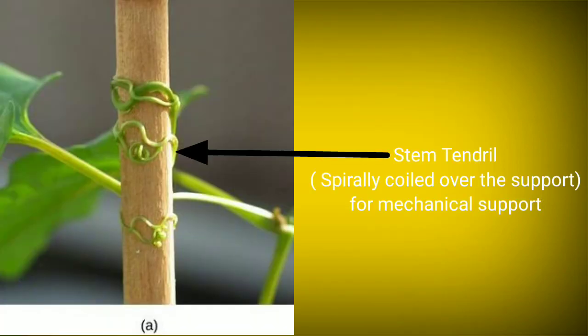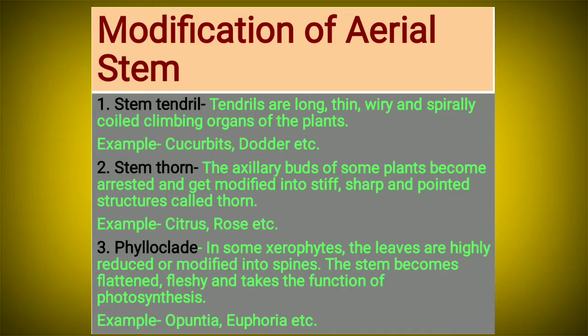So in some plants we can see that the stem is not a stronger one, and therefore such type of stem needs a support to climb over another support. In that case the axils of the stem develop long, thin and wire-like spirally coiled structures which are called as tendrils.